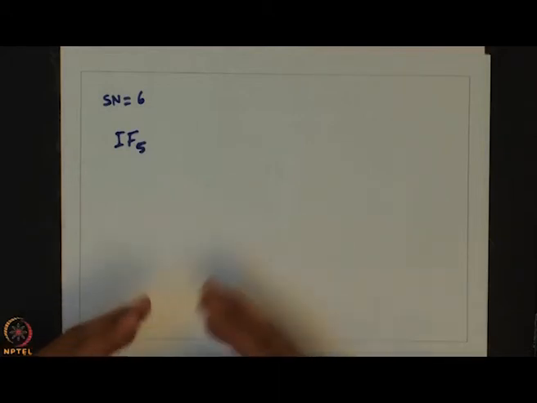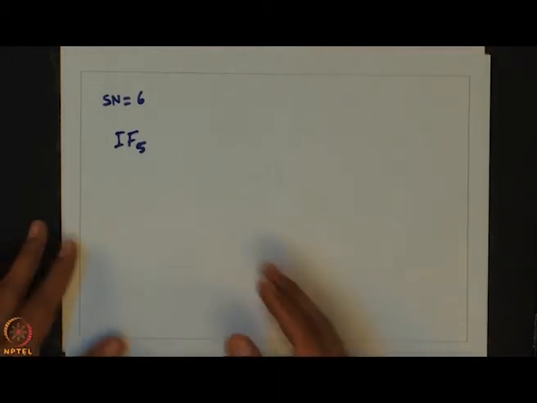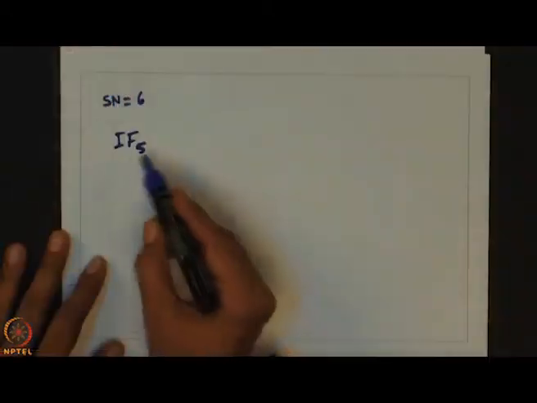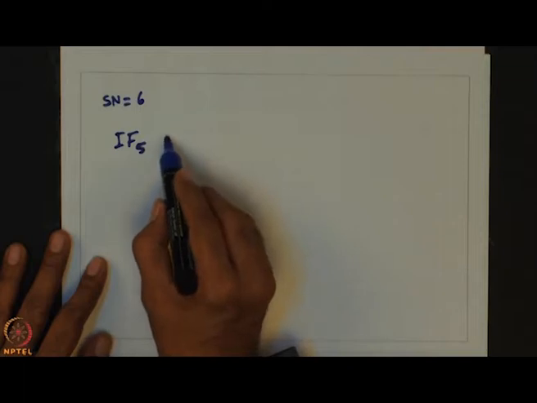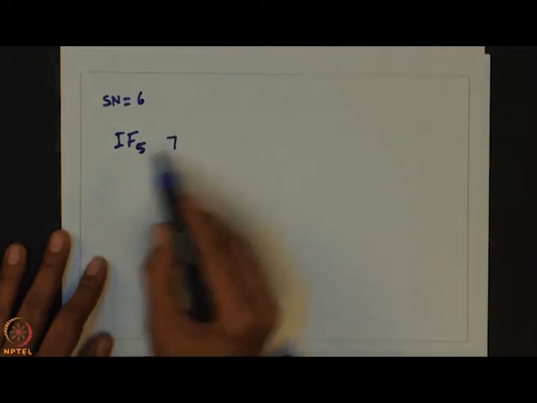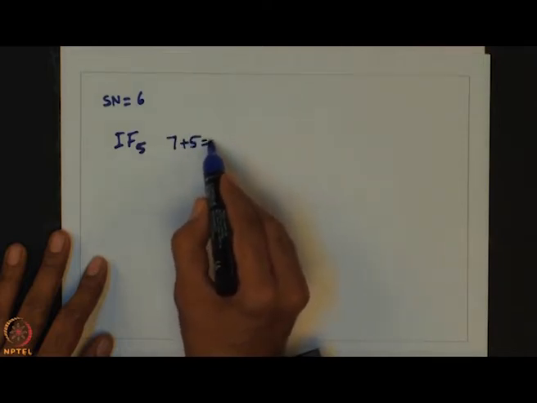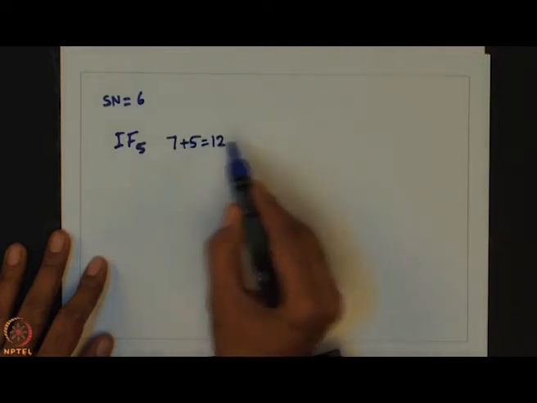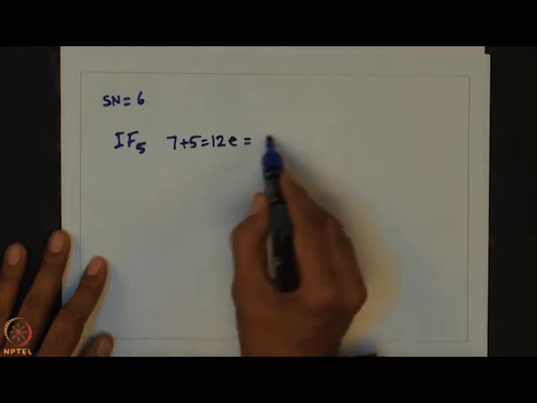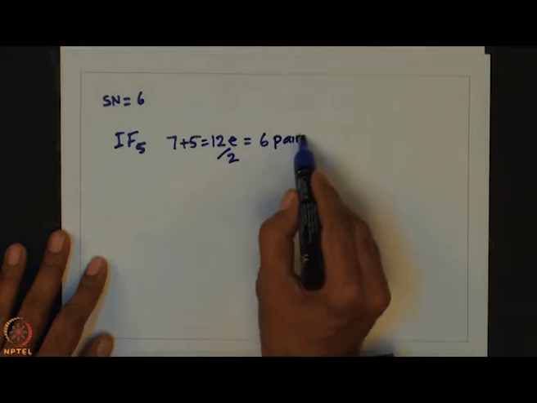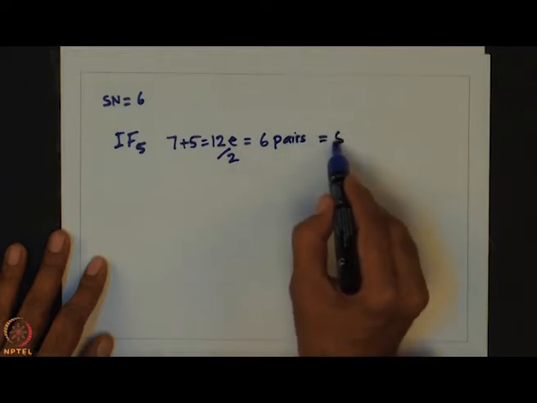I will be explaining more details about their preparation, all those things when I discuss the group 17 elements. Now, let us look into IF5. In case of IF5, the central atom is I, giving 7 electrons, and then each F is giving 1 electron, so 5. So, totally we have 12 electrons, which is equal to 6 pairs, that is our steric number is 6.